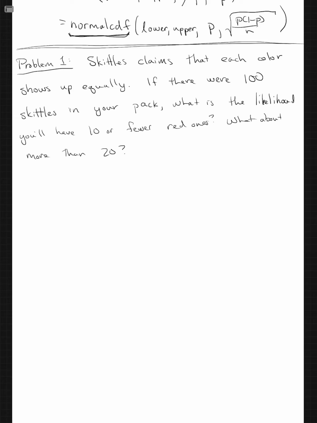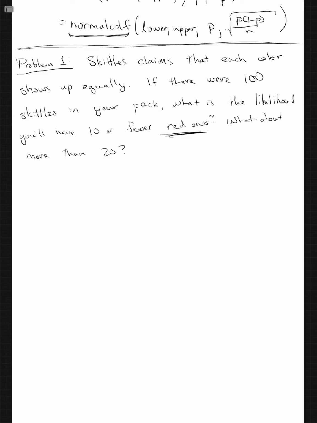Alrighty, so here we have a problem, a proportion problem specifically, right? Because we have this population and this sample that we're talking about, and we have questions about how many of a particular characteristic are we going to get.